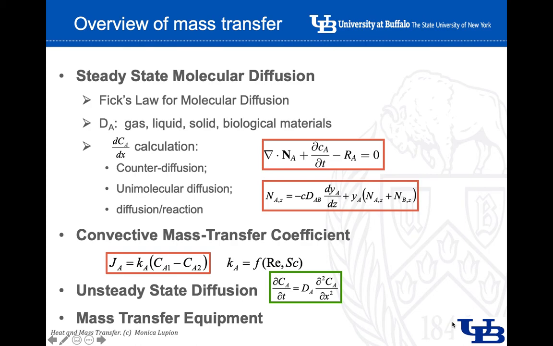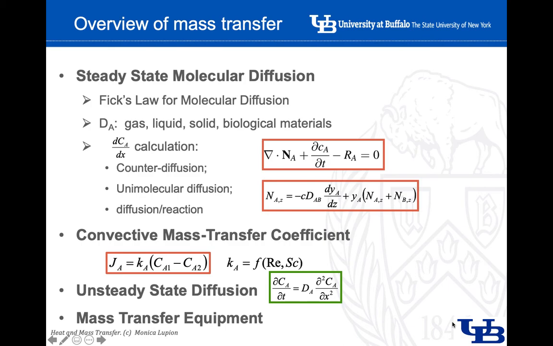We followed the same structure as in heat transfer, and we defined the molar flux of the element A as a function of the convective mass transfer coefficient times the driving force, which in this case is the concentration. If you recall from heat transfer, we defined the heat as a function of the convective heat transfer coefficient times the driving force, which in the case of heat transfer is the temperature.